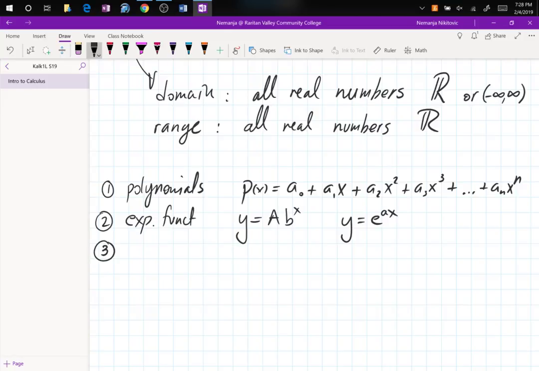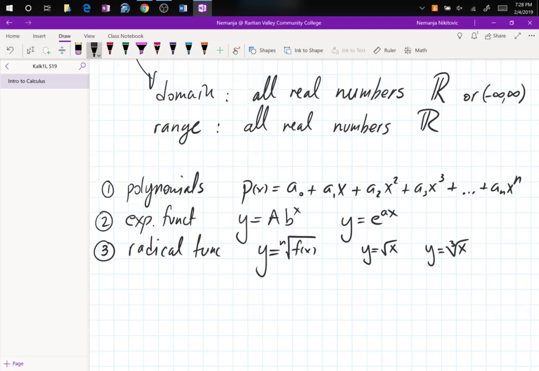Number three, this is like a popularity contest, like what is most popular. Number three would be the radical functions, the ones with the square roots. So radical functions, y equals nth root of some function. Clearly, we have square root of x, y equals cube root of x, and stuff like that.